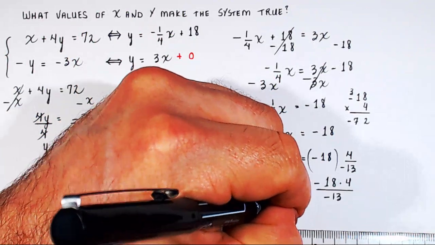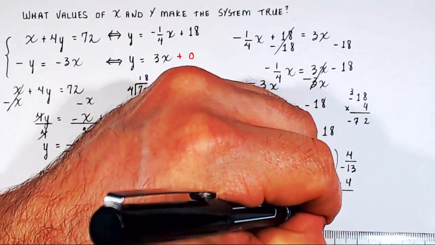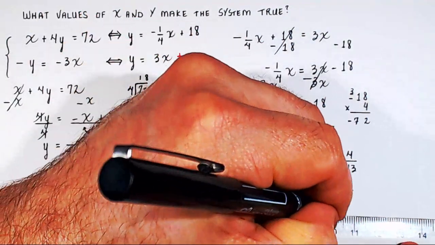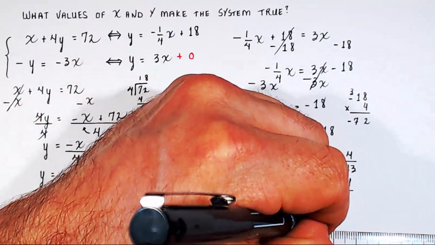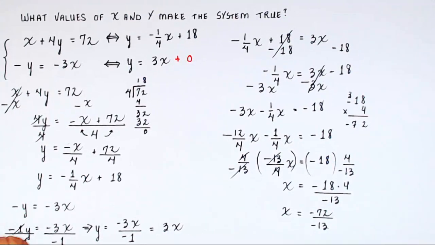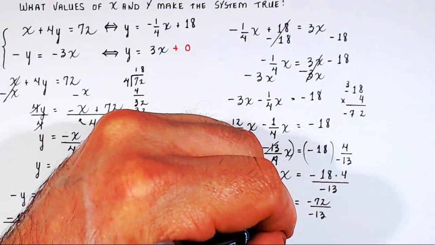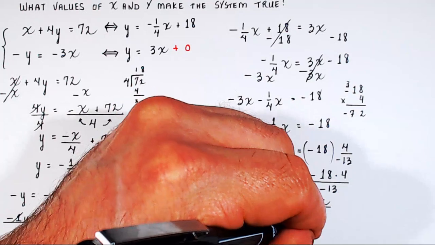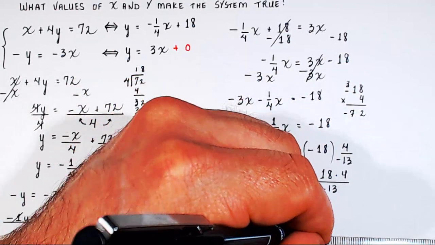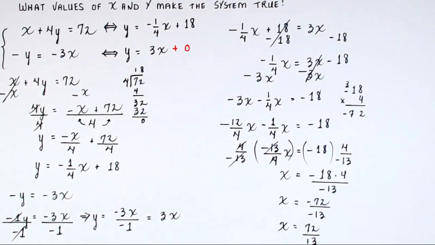We have x equals negative 72 over negative 13. Okay, so negative divided by a negative gives a positive. I have x equals 72 over 13, and that's my x value.